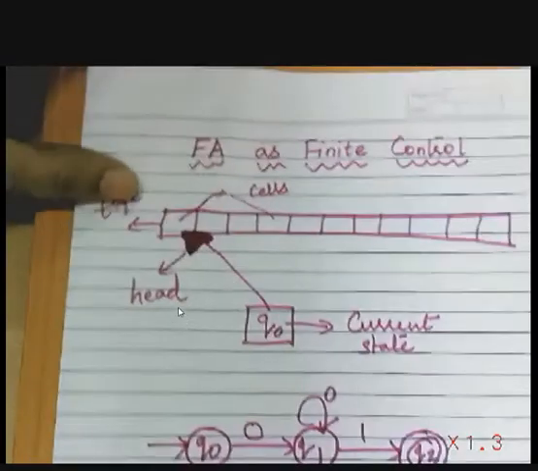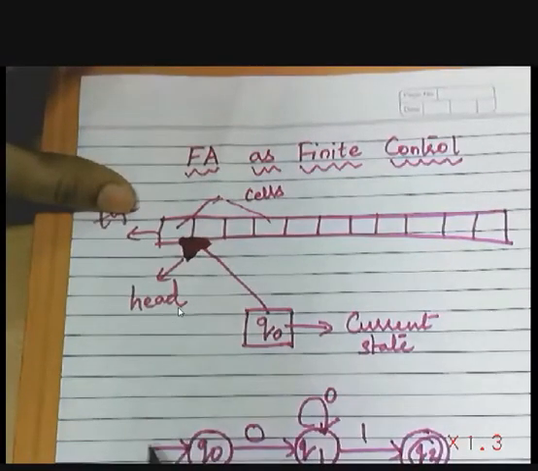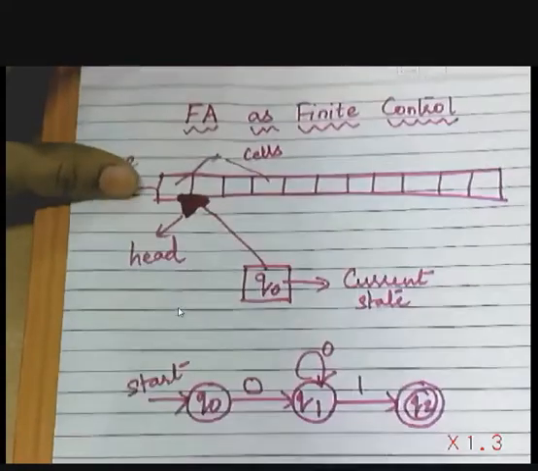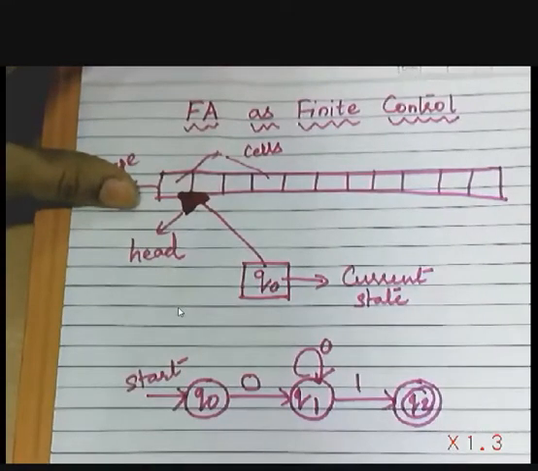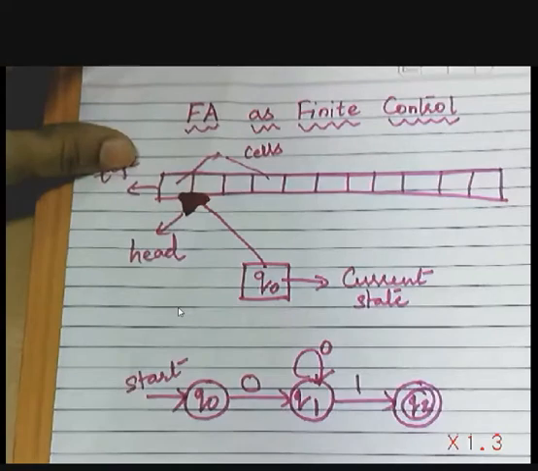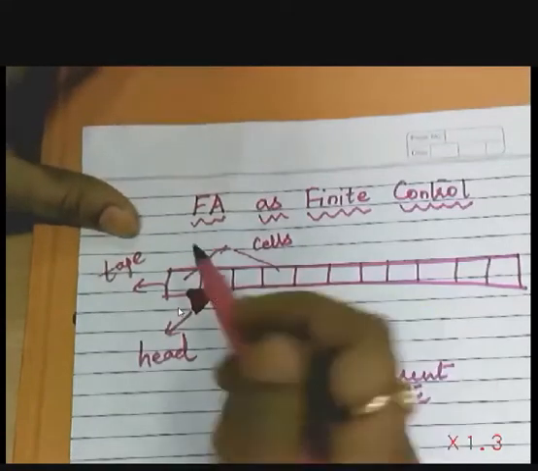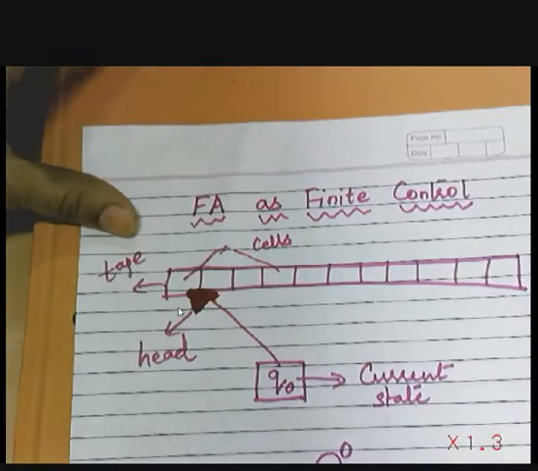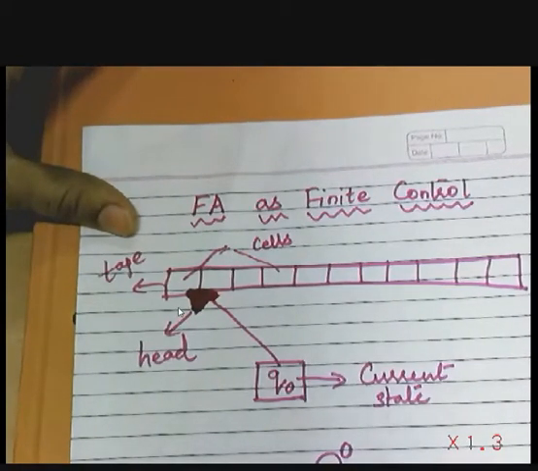If I want to visually show how exactly it accepts a given string, what we have to do is first keep our input on this tape. Suppose I want to test my given input 0, 0, 0, 0, 1.